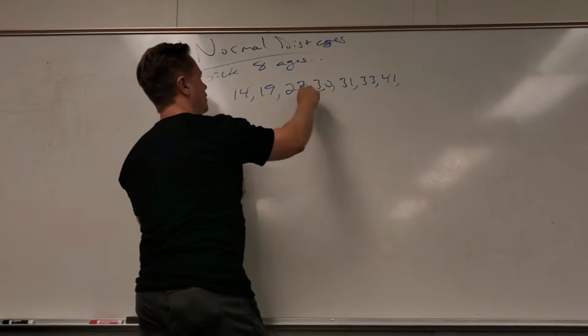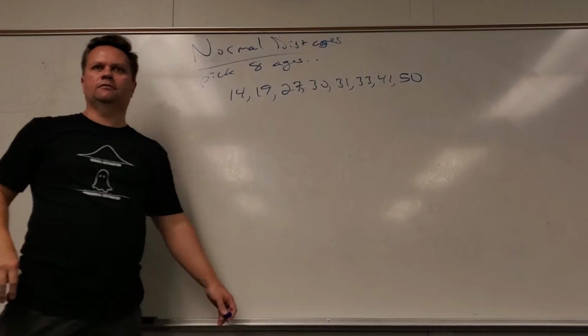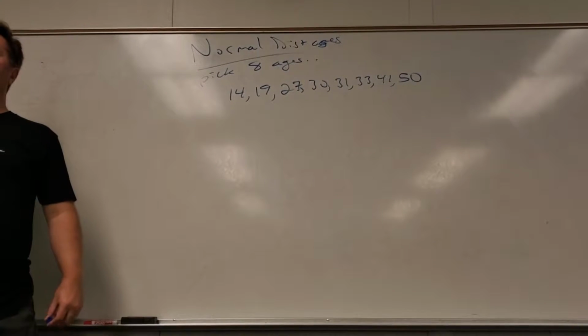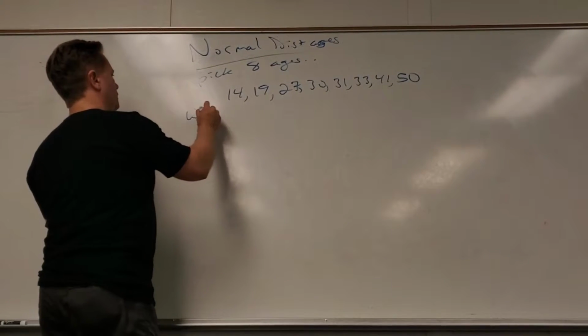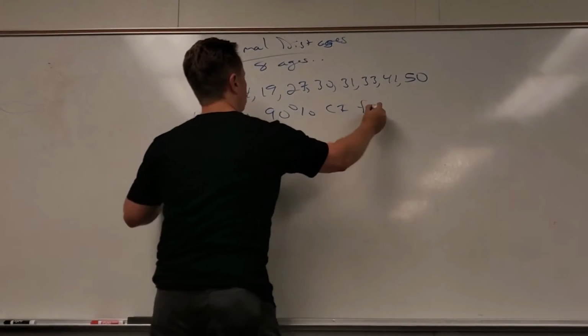Is it 1, 2, 3, 4, 5, 6, 7, 8? And I want a 90% confidence interval for the true mean age.